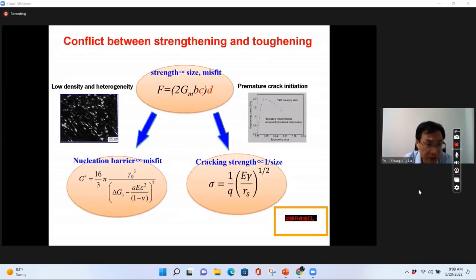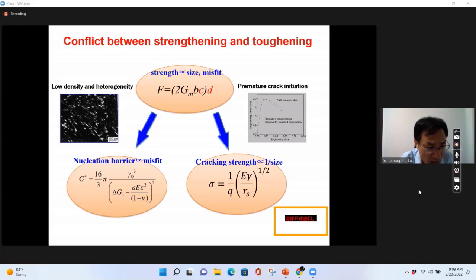However, there is a conflict between strengthening and toughening. As shown by this equation, the obstacle strength is proportional to the lattice misfit and the size. Larger lattice misfit gives you a higher nucleation barrier, so it is very difficult for the particles to nucleate, resulting in a very low density of particles.